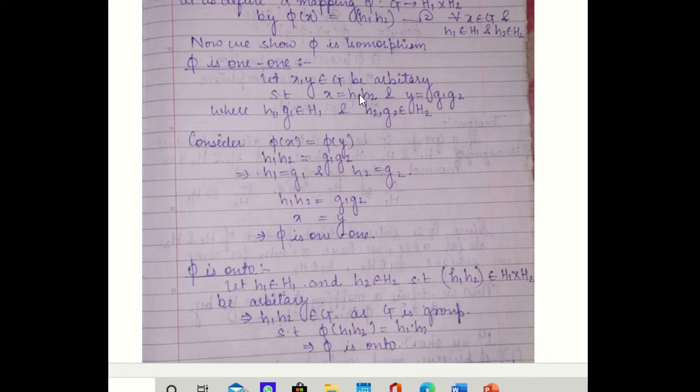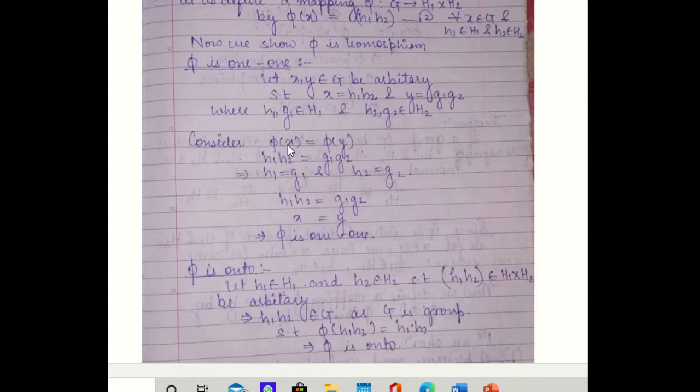Now h1 and g1 belong to H1 implies h1 g1 belongs to H1, and h2 and g2 belong to H2 implies h2 g2 belongs to H2. Now we consider phi x equal to phi y, the images will be equal. If we are able to show x equal to y, then this mapping is 1-1.